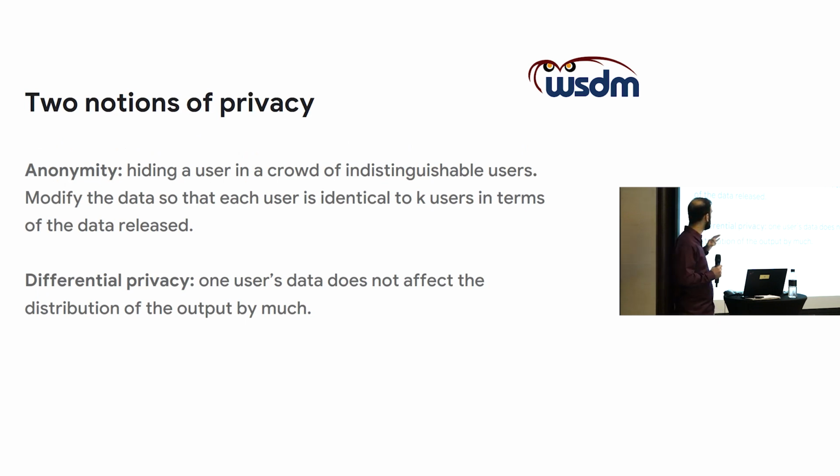I'm going to show you a formal definition, but this is the high-level idea. If we change one user, the distribution of the output is not going to change. K-anonymity says that we want to hide each user in a group of users. So if you have one user with some specific specification, we want at least K users to look exactly the same as that user. So we are hiding that user in a group of users.